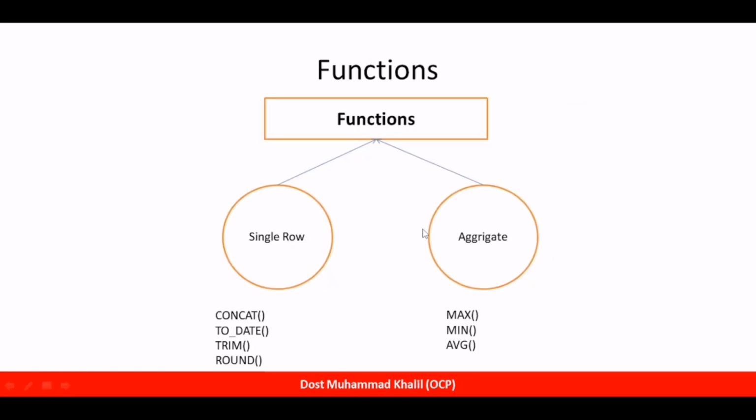Now it's also important to discuss functions, that is, what sort of functions we have in Oracle. In Oracle, we have two types of functions: single row function and aggregate function. A little bit to give you an overview about the types of functions. Single row functions work on each record in a table.